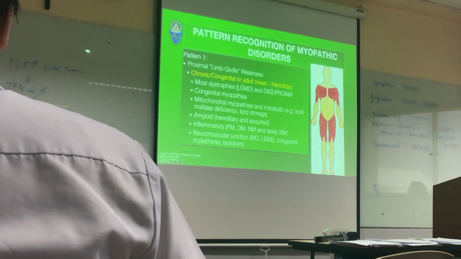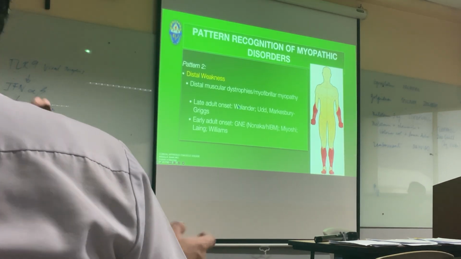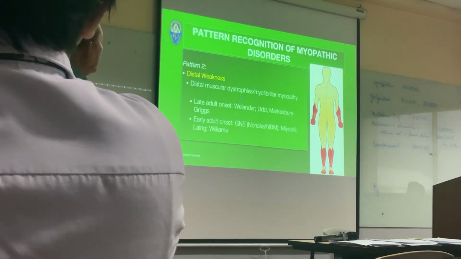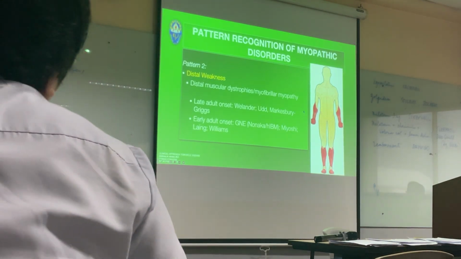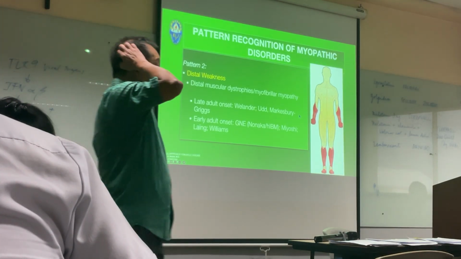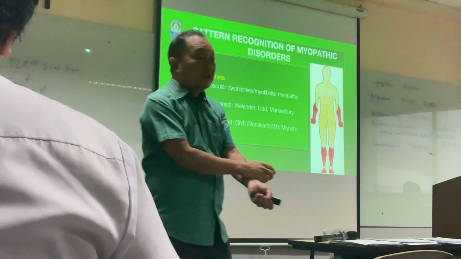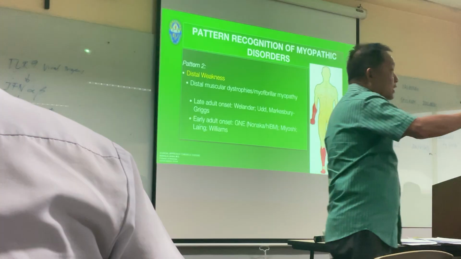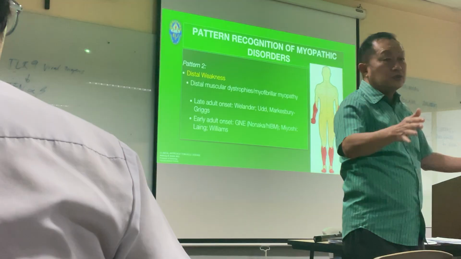Clear? And these are the different conditions that cause the proximal muscle weakness. Distal muscular dystrophies or myofibrillar myopathy. If I see patients like this, my first consideration will be ALS. Kasi distal, right? The manifestations, inability to have even a grip or distal atrophy of the muscles and all those things.